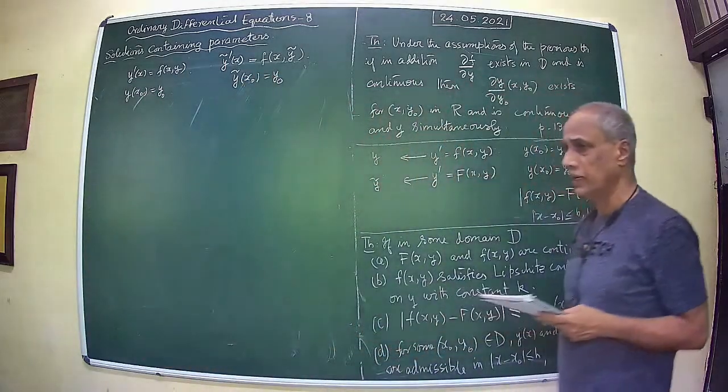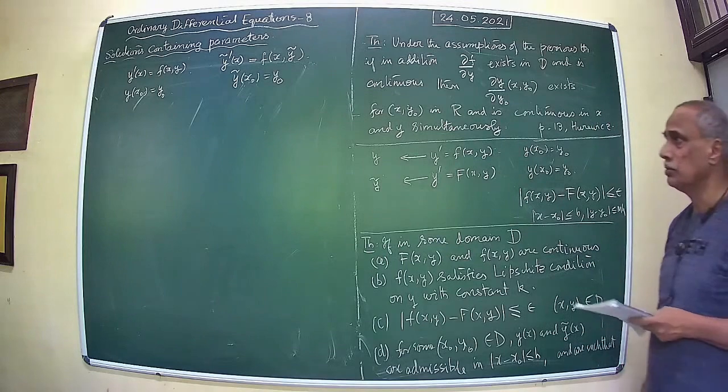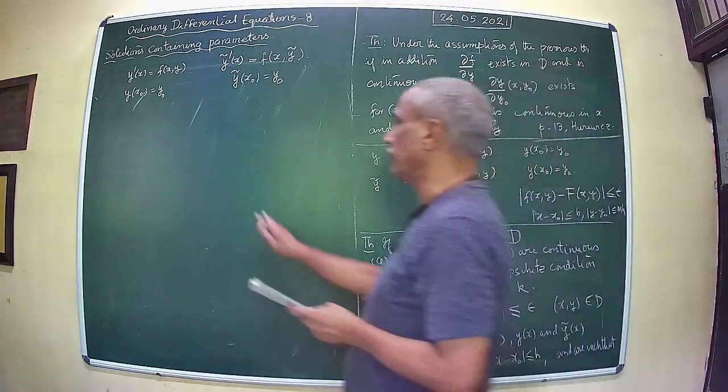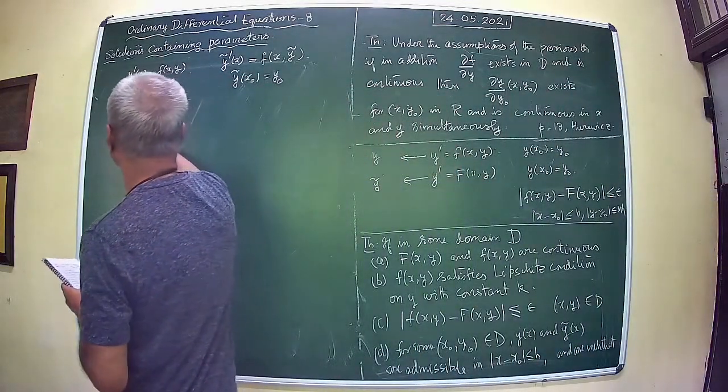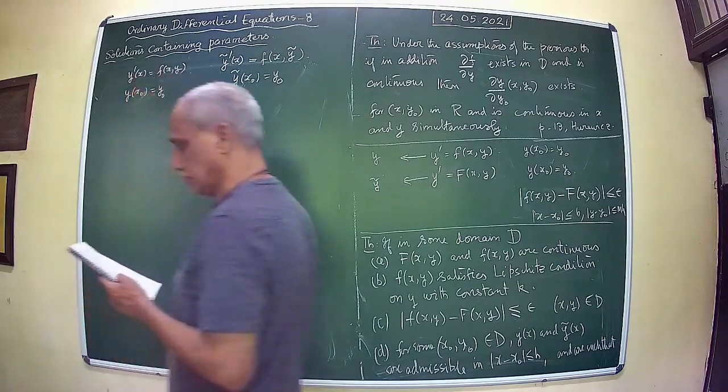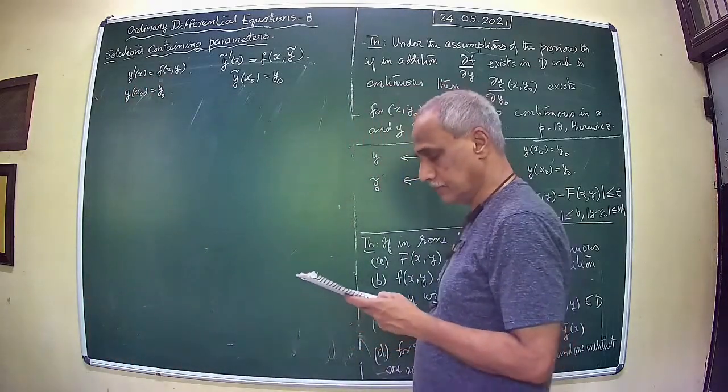That means the integral curves corresponding to both the functions pass through the point x naught, y naught. Of course, we are assuming only small f is Lipschitz and not the other one.